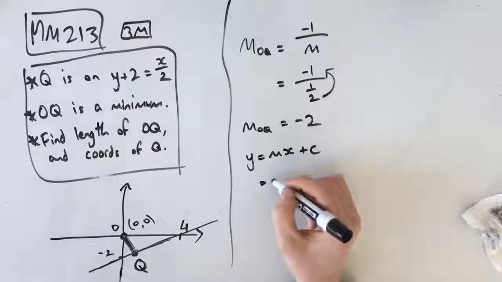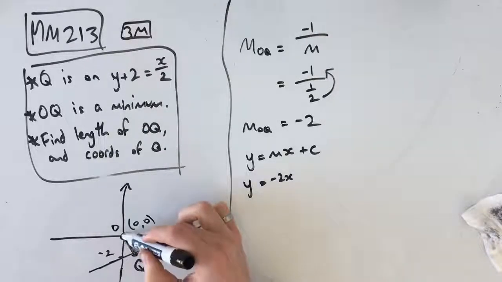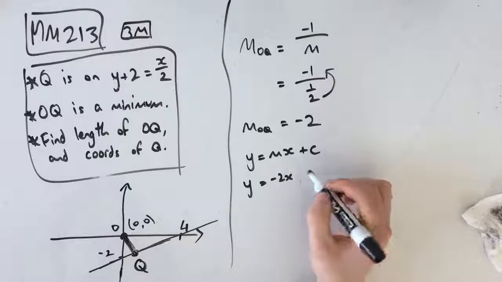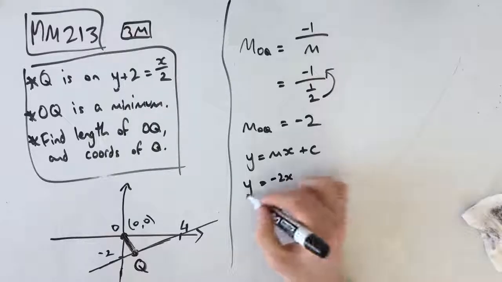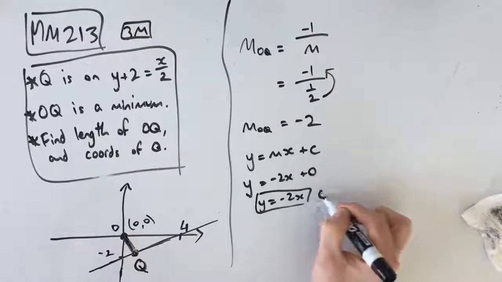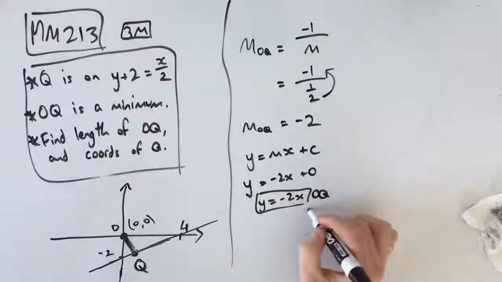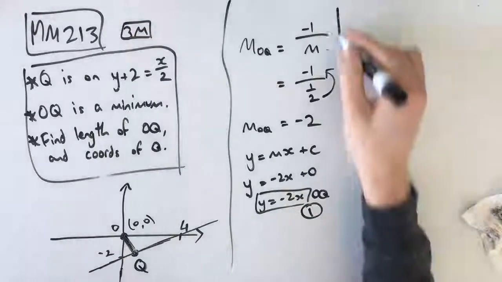We know that m is -2 for OQ. And because it passes through the point 0, 0, our c value is also 0. So our equation is just going to be y equals -2x. So this is our OQ line, right? This is our first mark, okay? So our first mark comes here.